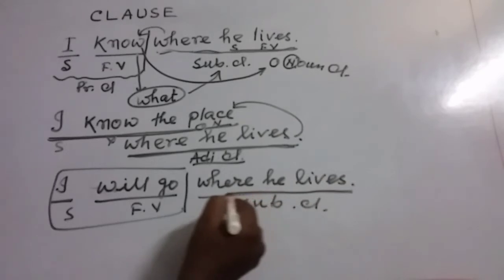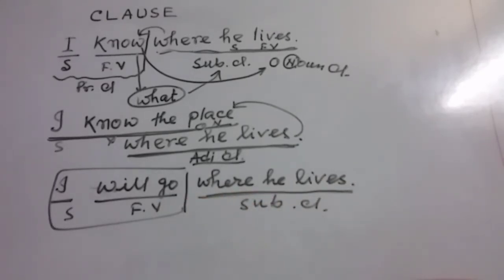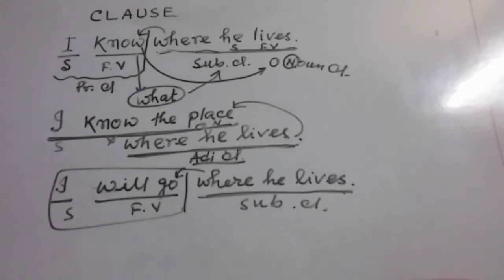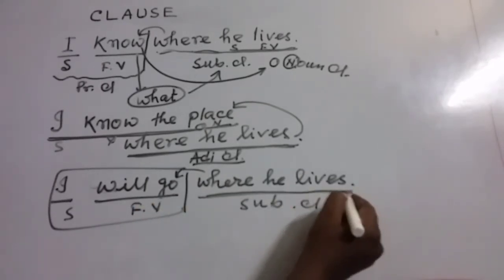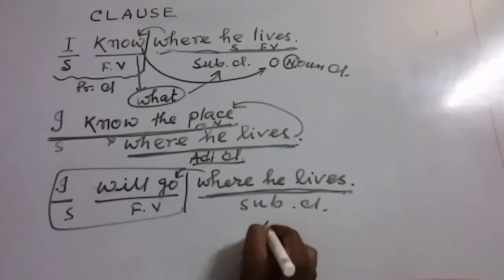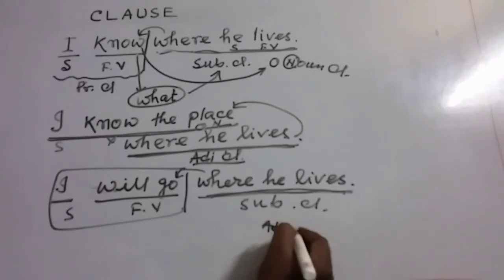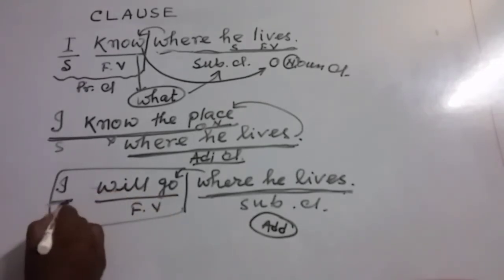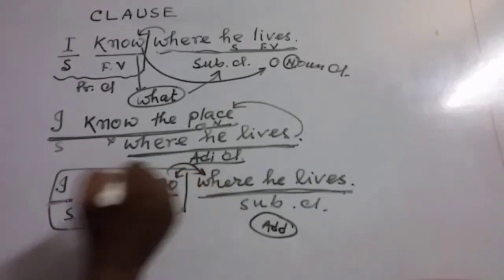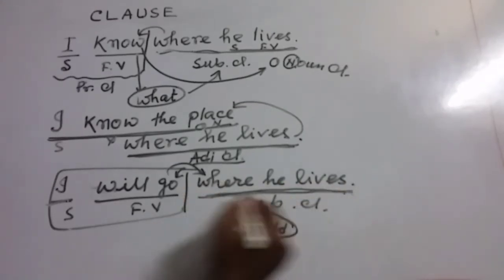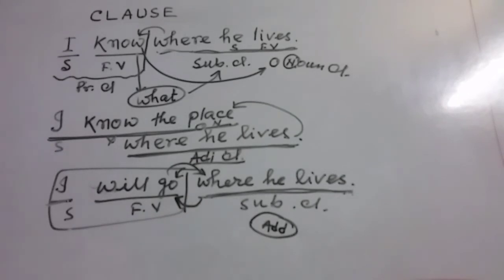So this entire part is saying something about go. It is a verb. My dear friends, where he lives, here it means, obviously it's the name of a place. It will be a place or address. This type of sense is given by this group of words, and this person is saying, I will go to this address. That means this group of words is saying something about the verb go.